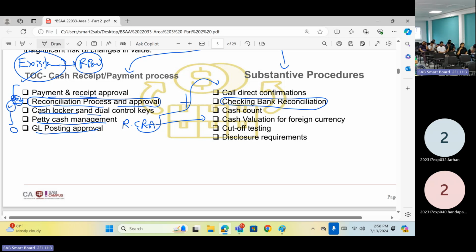You are having a bank statement balance.